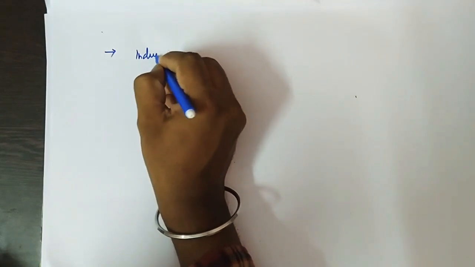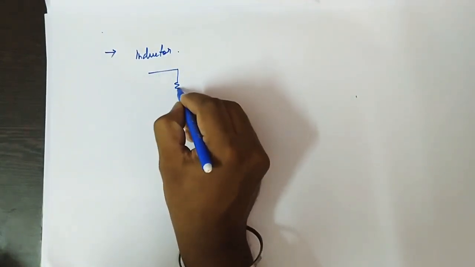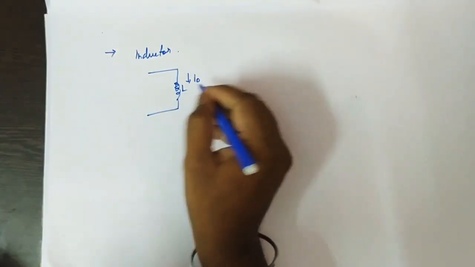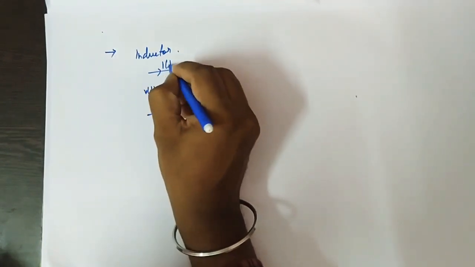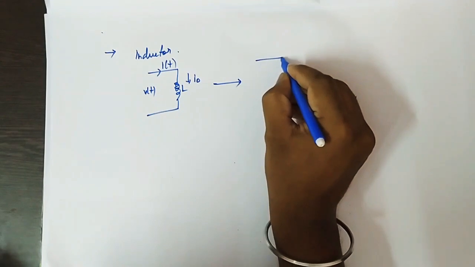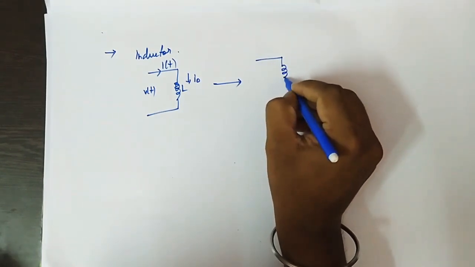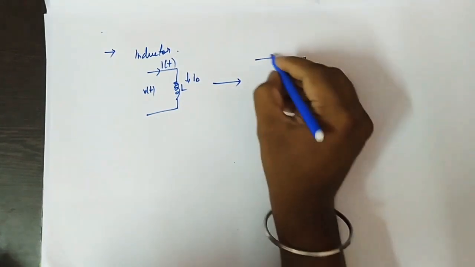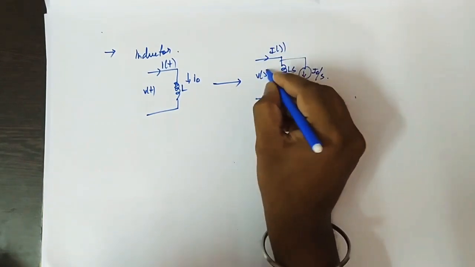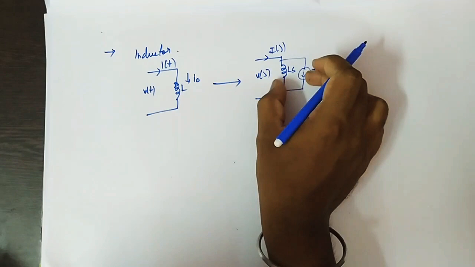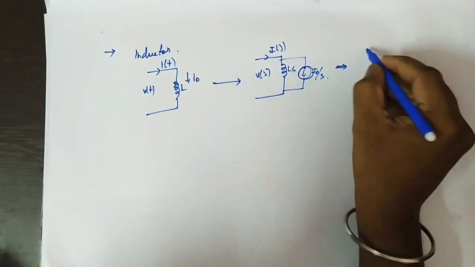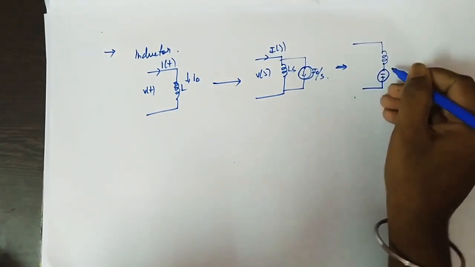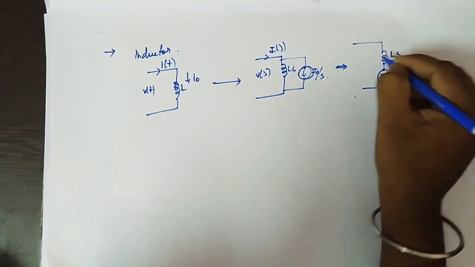So inductor L having initial current I naught, V of t, I of t will be represented in S domain as either Ls in parallel with current I naught by S. By source transformation you can represent this current source as a voltage source L into I naught, in series with Ls.